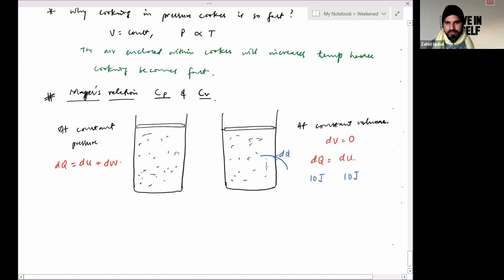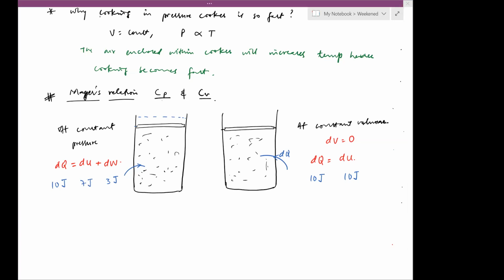But in the second part, if you have supplied 10 joule to this system, some energy may be utilized in doing work to expand the system from some initial point to some final point. So let's say 3 joule will be utilized in doing work, and the rest, 7 joule, is to change internal energy. Is it clear?